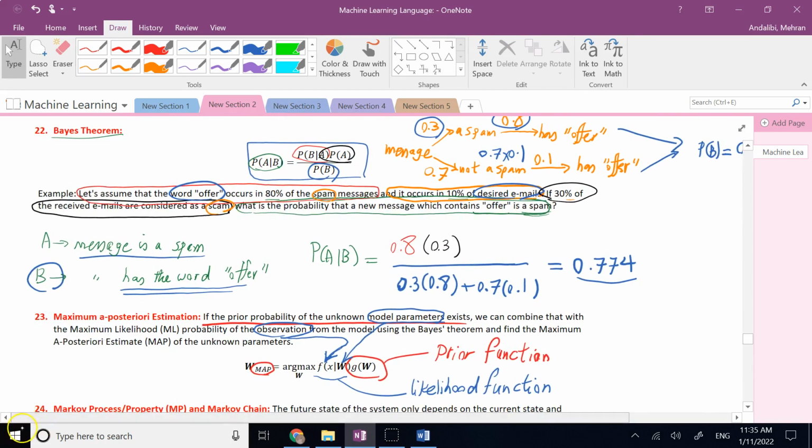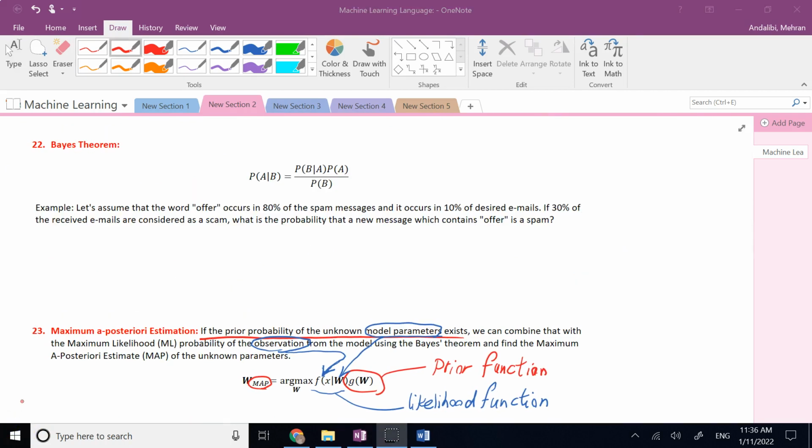Let me first clean this. So if you look here, this function f of x given w, your model given your what? Given your parameter, that one exactly corresponds to this p of b given a.